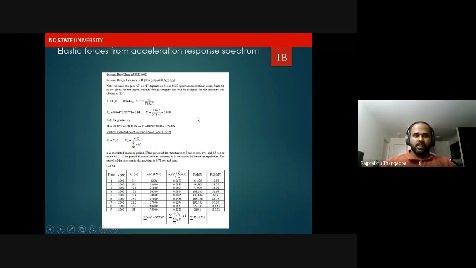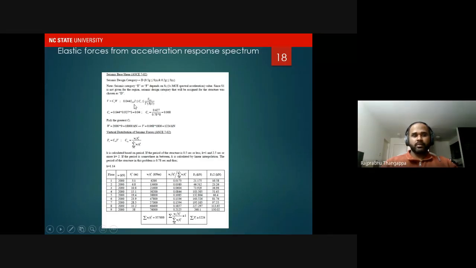The assumption is that each floor has a weight of 2000 kilonewtons, and that times 9 would give 18,000 kilonewtons. So that would be the total weight of the structure times the seismic coefficient, which is represented by these two formulas.